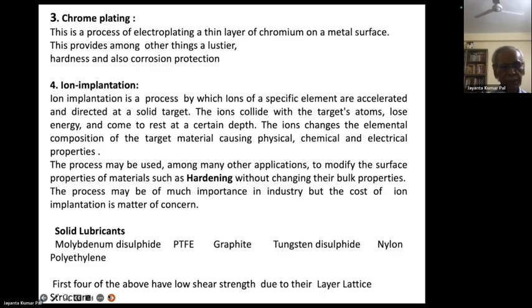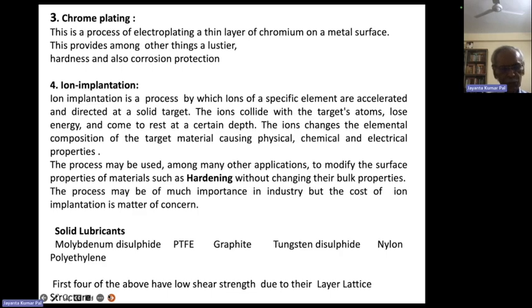Now, apart from the pre-treatment, there is another type of lubricant called solid lubricants. We are often quite used to lubricating the surface by liquid lubricants, and we feel that that's the only way of lubricating the surface.